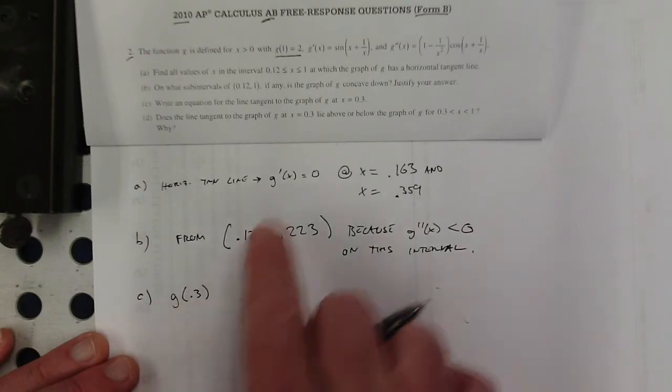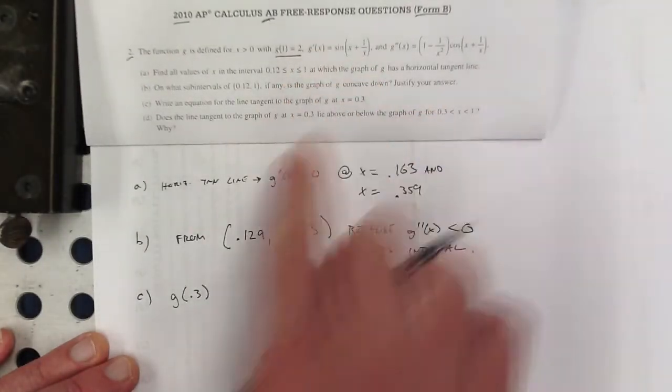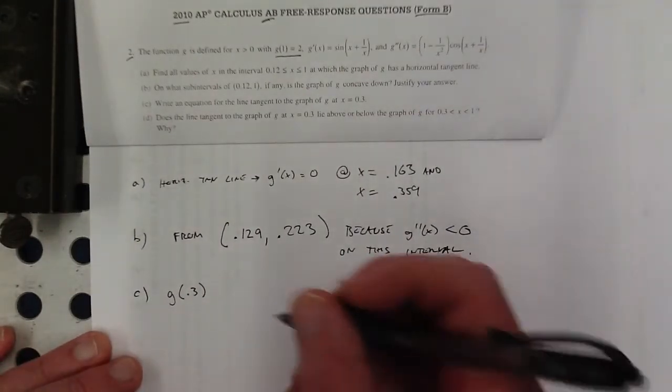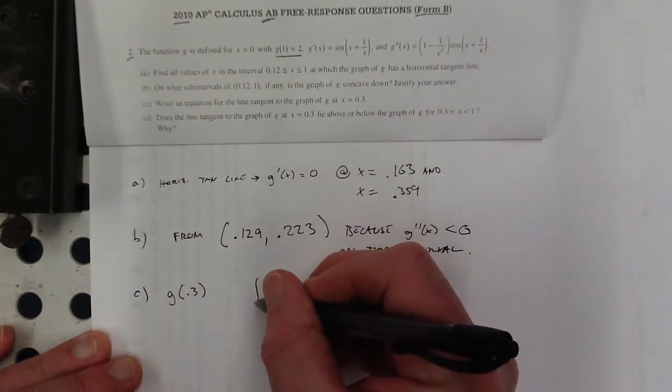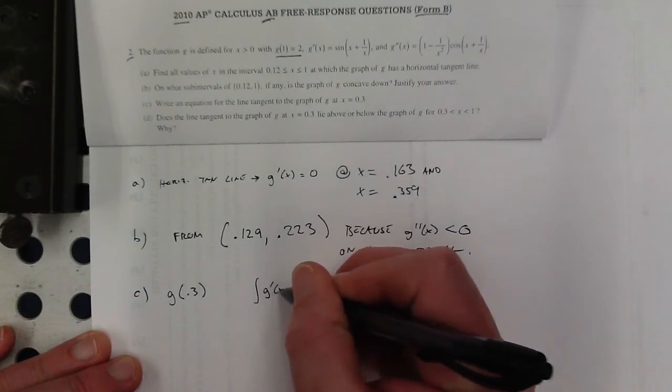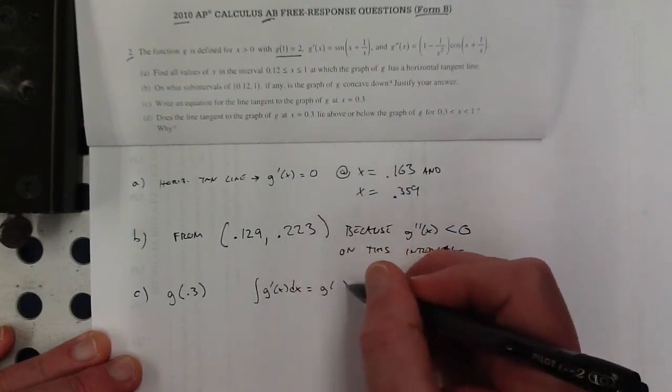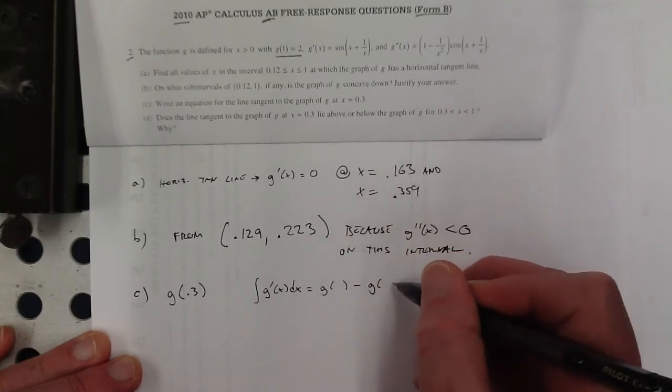Well, if you want to get g of 0.3 and you have the derivative here, then fundamental theorem, right? So if I do the integral of g prime, that gets me back to the g function.